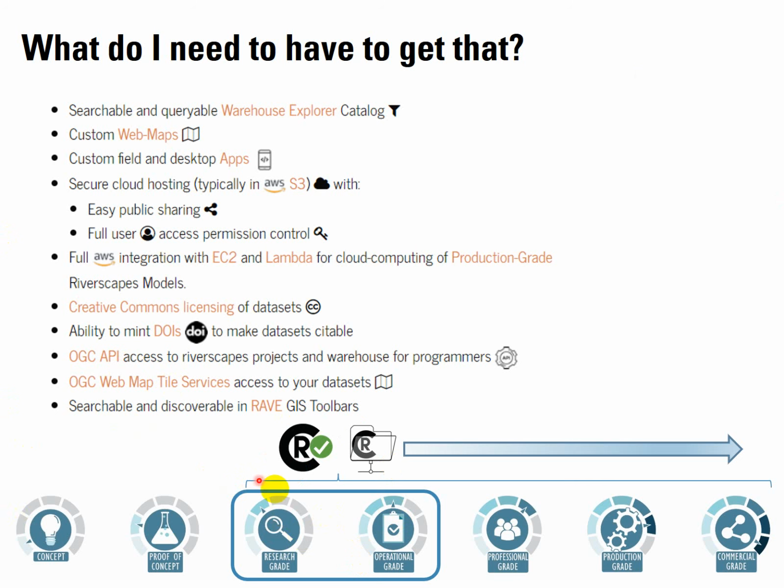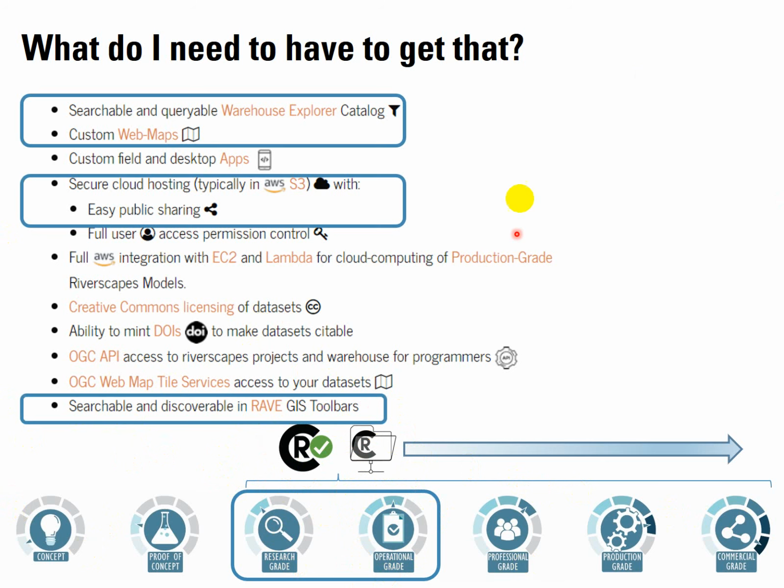You've got research, development, deployment. And in the stuff that's under development, it's very easy to get access to a searchable and queryable warehouse explorer, custom web maps, and easy public sharing as well as Rave. That's the level of investment that's required, and what you get out of these warehouses.